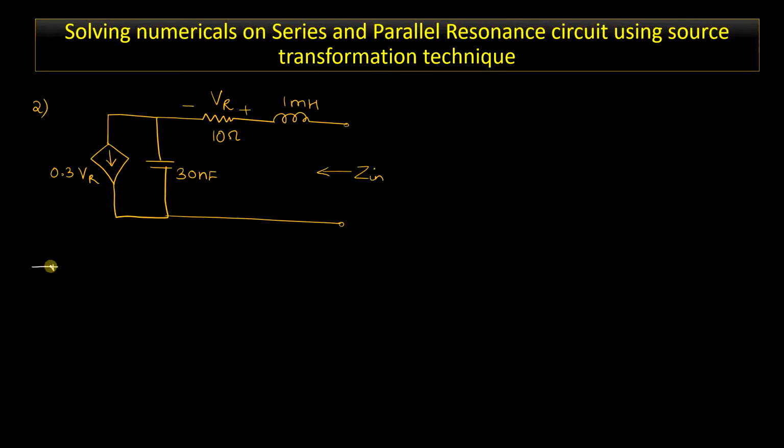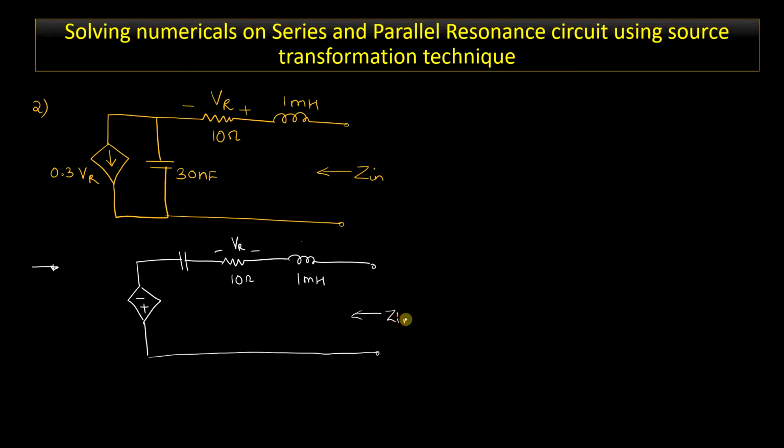So what you can do here is convert this into again a dependent voltage source. You have a capacitor, a resistor and an inductor. So this would be the equivalent circuit, which is basically a series resonant circuit.